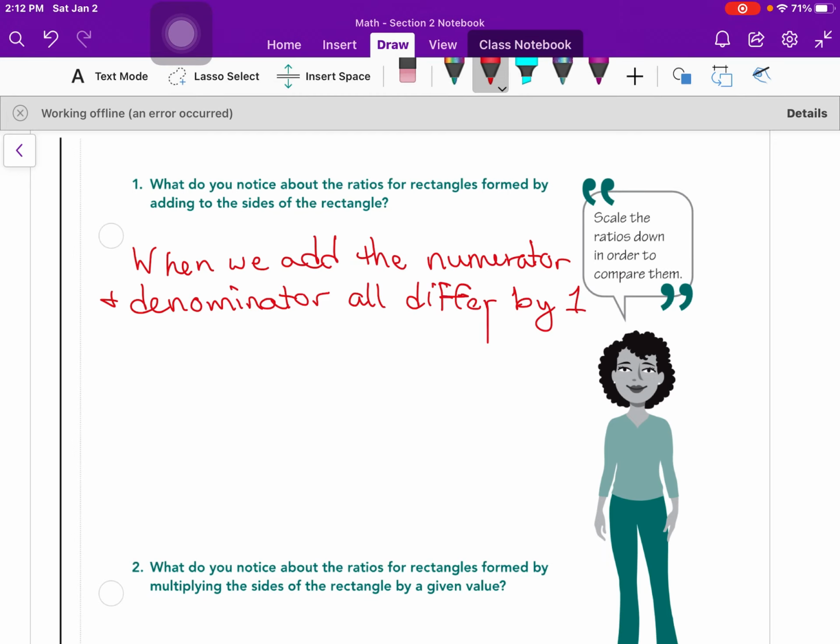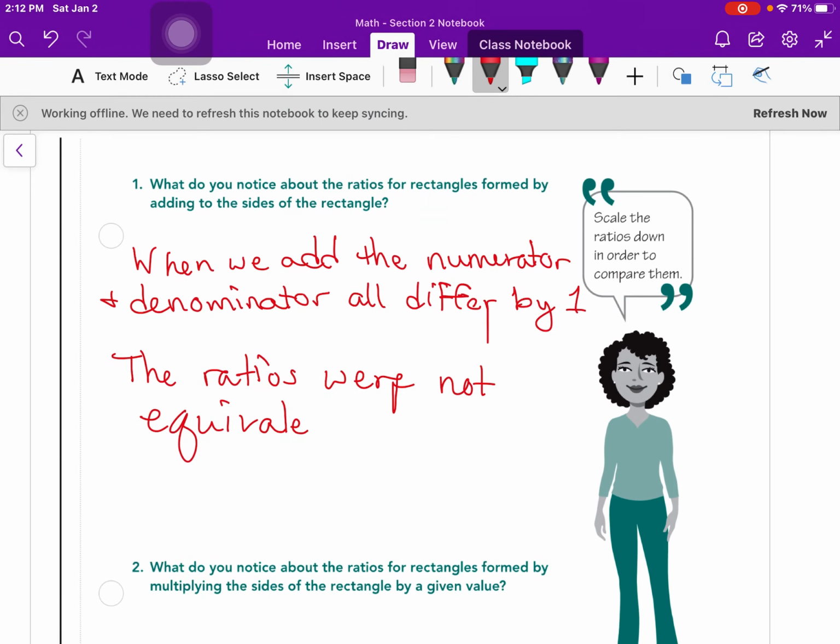I also noticed that the ratios were not equivalent. I'm not sure why my iPad's freaking out, but it is a little bit.